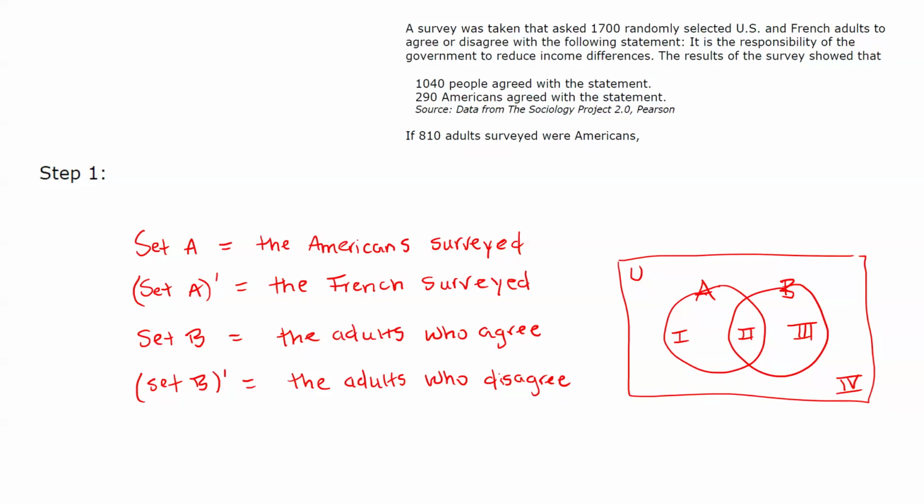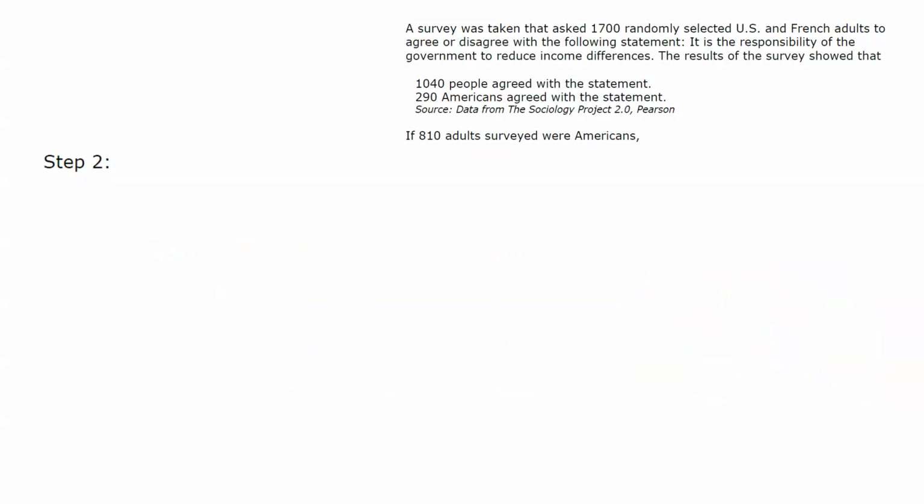All right. Step number 2. Step number 2 is to now use the survey results to determine the cardinality for each region in the Venn diagram. Okay. And remember from our previous section, we want to start with everything that we know from the problem and then help identify what the other regions would be.